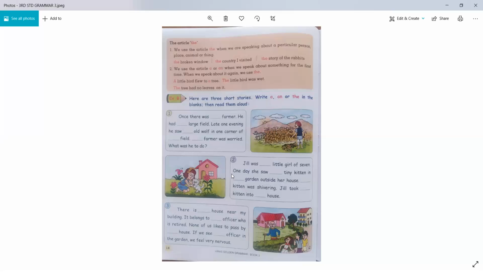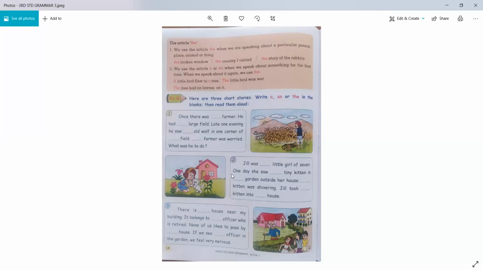So this was about, once again I will repeat, there is a house near my building. What are you going to write? There is a house near my building. It belongs to an officer who is retired. None of us likes to pass by the house.